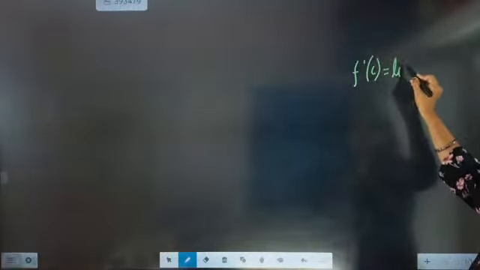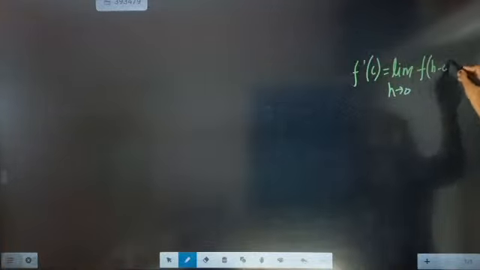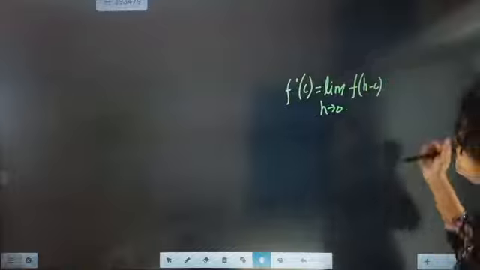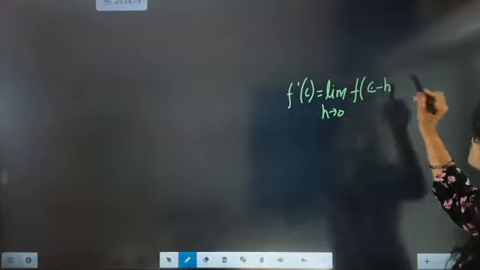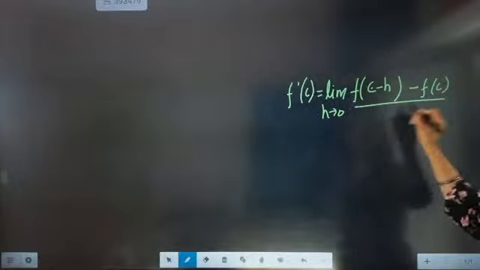Now what are the two sides? The two sides we can use: f dash c equals limit h tends to 0 of f of c minus h minus f of c by minus h.